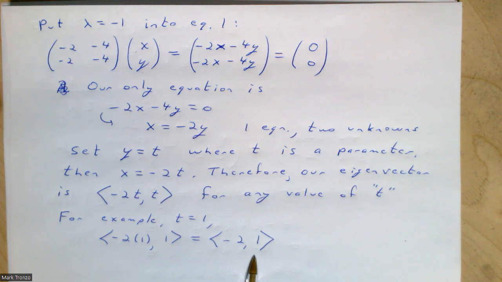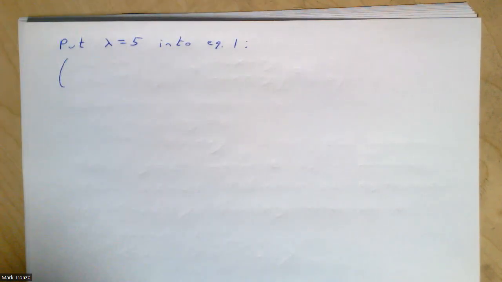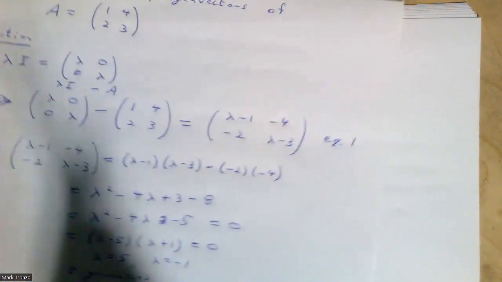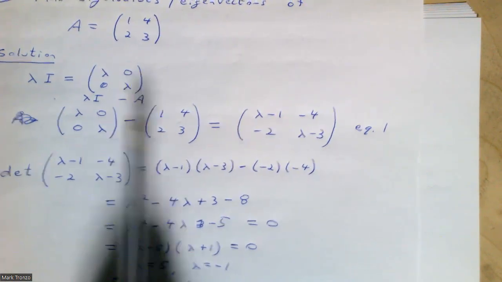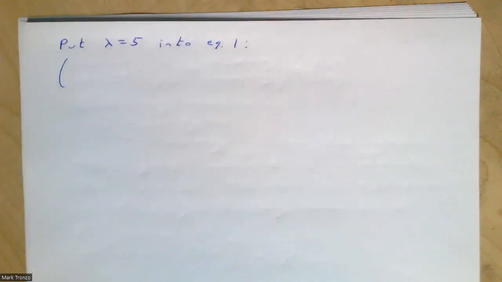So let's go again now. Let's put the other eigenvalue, 5, into equation 1. Going back to equation 1, remember what equation 1 was, just lambda I minus A. So put 5 in for lambda.